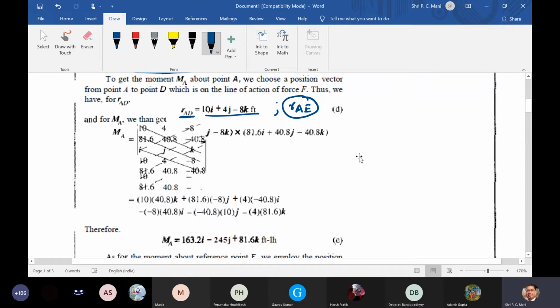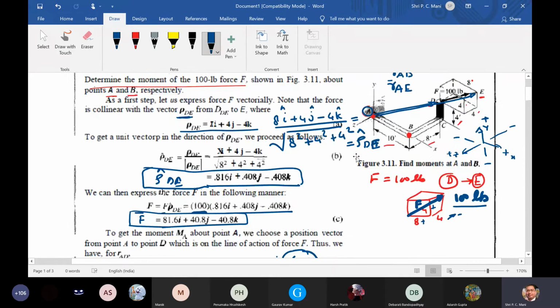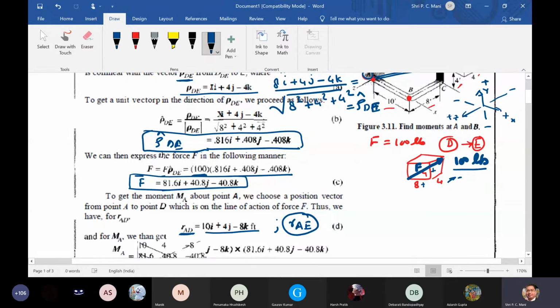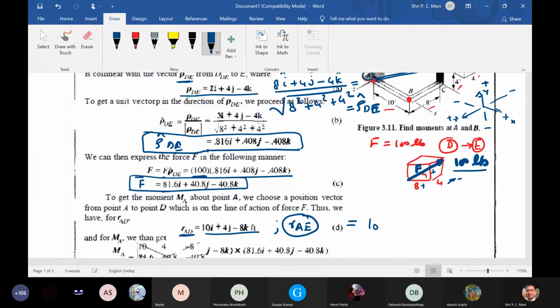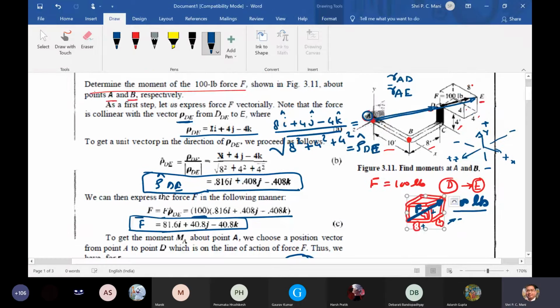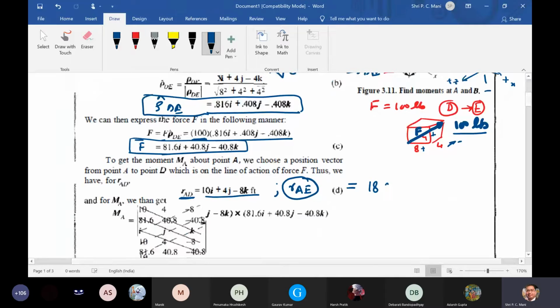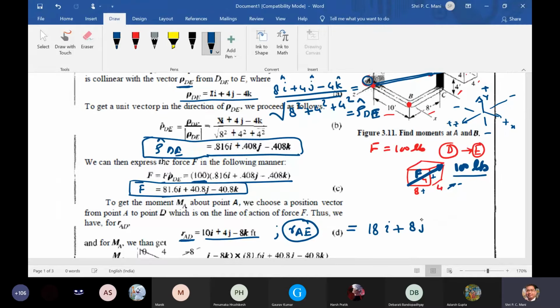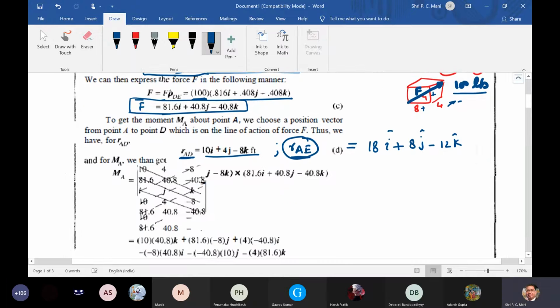That is r AD. Similarly, what will r AE be? 10 plus 8, since 8 is the length of the box, gives 18i, plus j, 4 plus 4, 8j, and minus 8 plus 4, 12k. This is r AE.